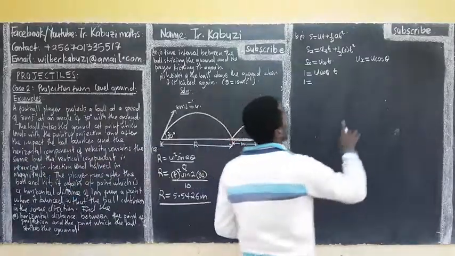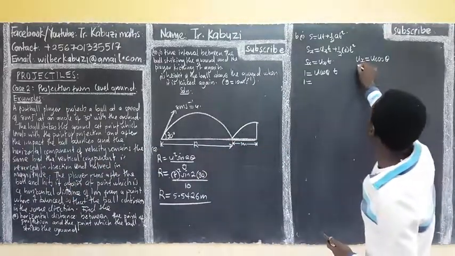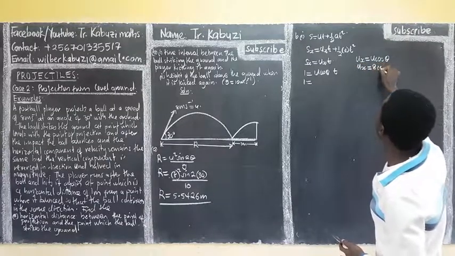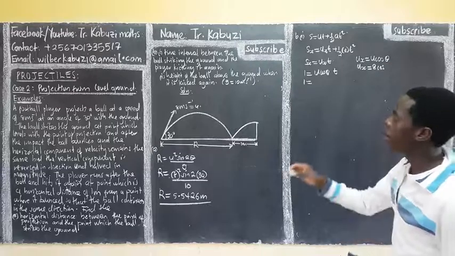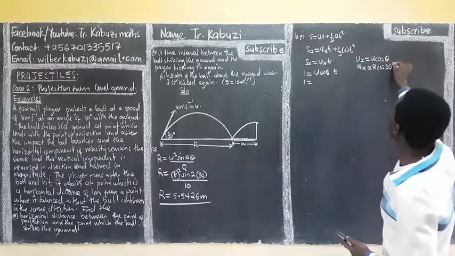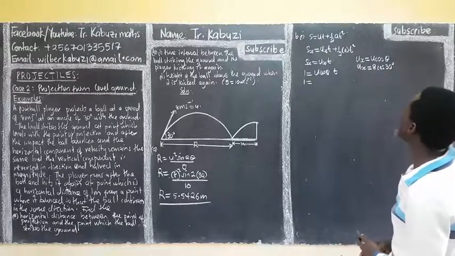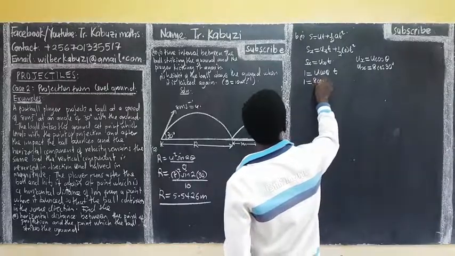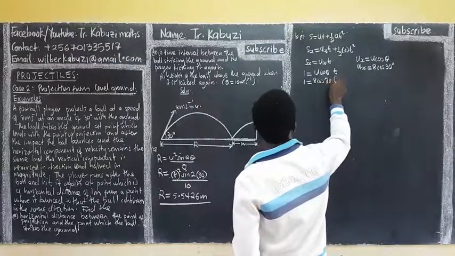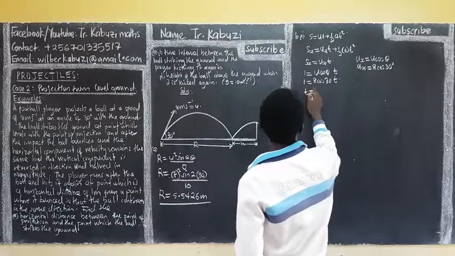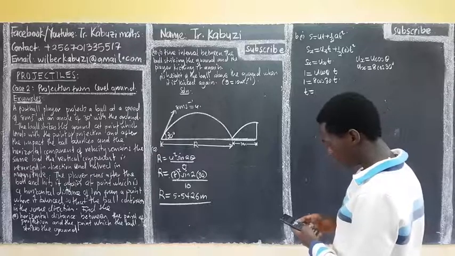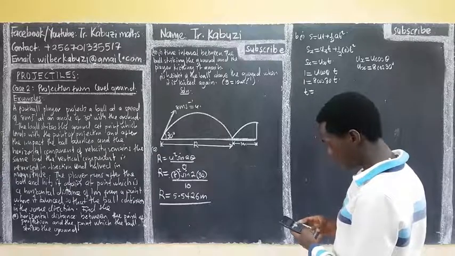Okay, now from here, our horizontal component is going to be our U, which is 8, then cos our theta, which was 30 degrees. So notice that this one remained the same, it did not change. Putting it here, now I have 8 cos 30 degrees T equals 1. So my T here is going to be 1 divided by 8 cos 30.